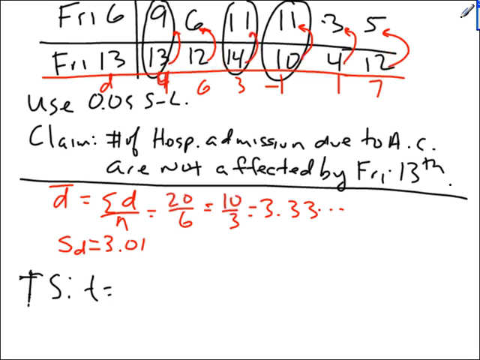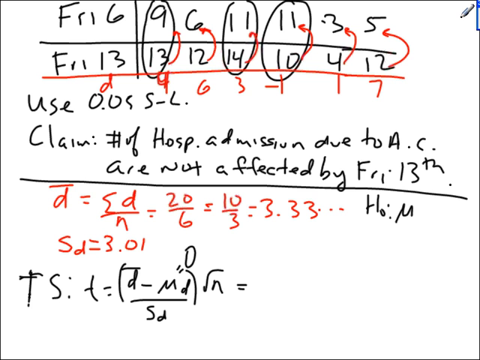T is equal to D bar minus mu sub D, over S sub D, all times the square root of N. Now, H0 would be that the means are the same, that is, the difference of the means is 0.